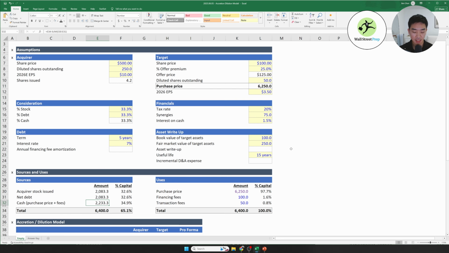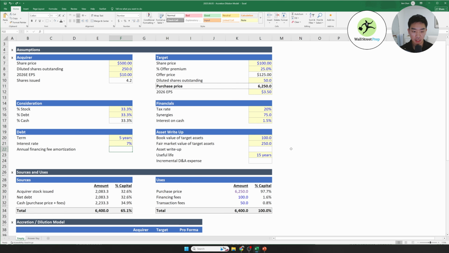So this captures the amount of cash you're using plus any of the additional fees here. One thing I will note as well, another slight imperfection with this model that I would fix in the future is that, let's say that our debt here is 0, then obviously financing fees should be 0 as well, because you're not actually financing anything. So that's something that I would change later as well. Just wanted to let you guys know about that.